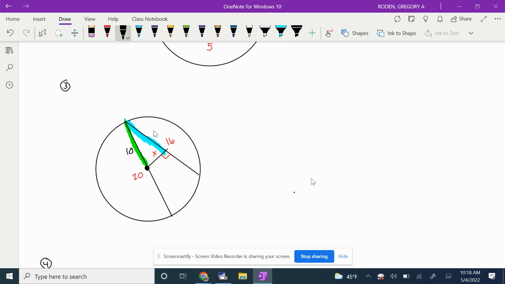Now why do we know that that is 8? This is not a diameter, right? It's perpendicular, right? So if it's perpendicular, then it bisects it. You guys see that? If this is perpendicular, one of the theorems I believe said this is bisecting it. You guys agree with that?